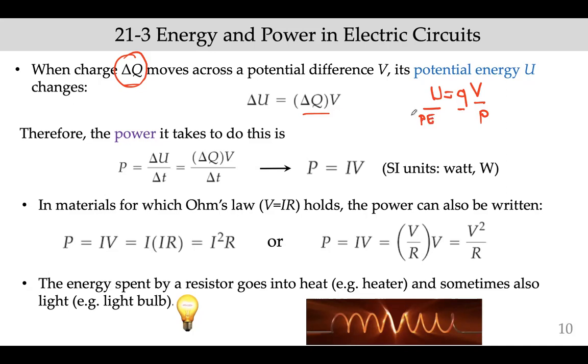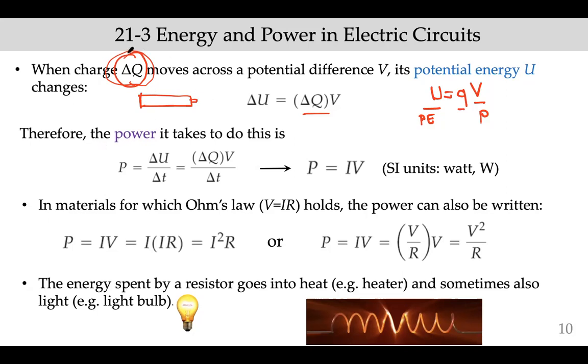Therefore, what is the power required to move this much charge across the potential difference? Let's say the potential difference is coming from a battery, and this battery has a potential difference of 1.5 volts.